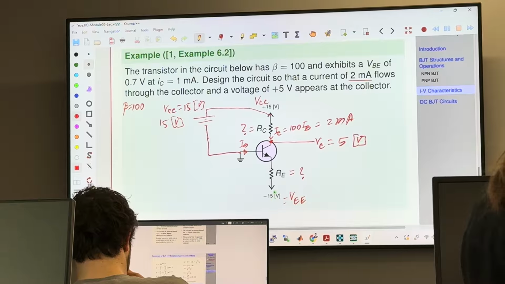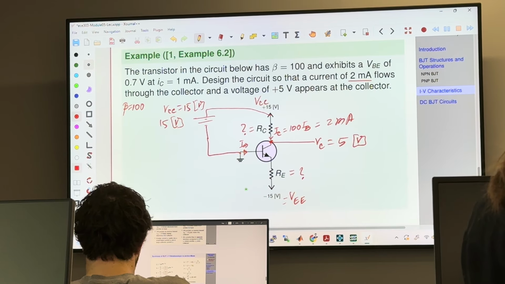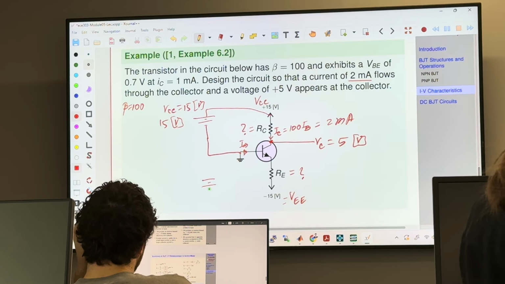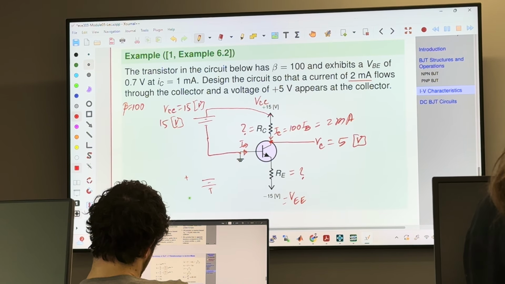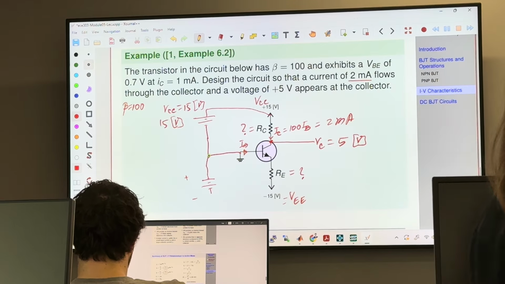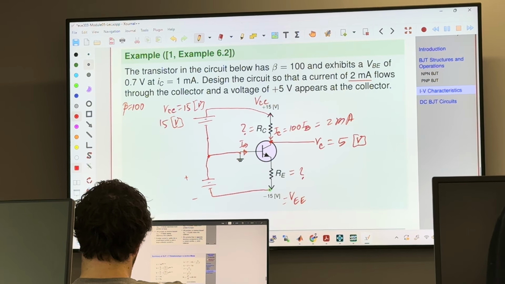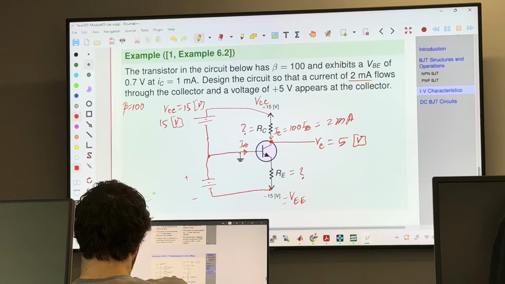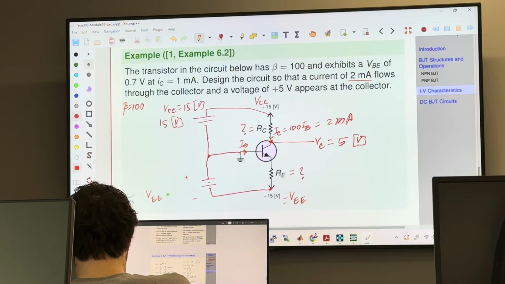Negative 15 volt means that, look, this is positive, this is negative. The positive you connect to ground, and the negative you connect right here. And this is your VE.